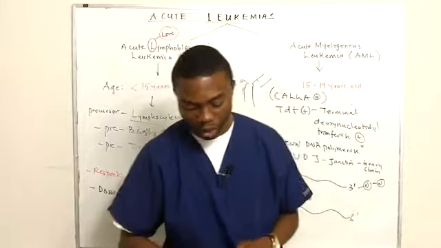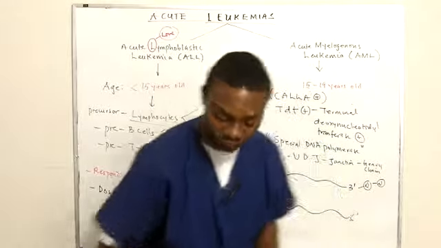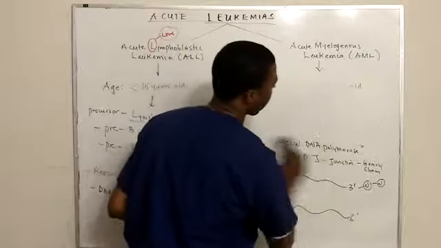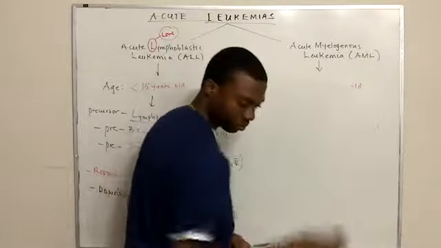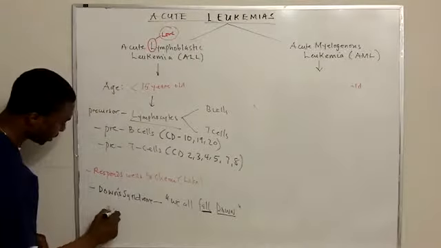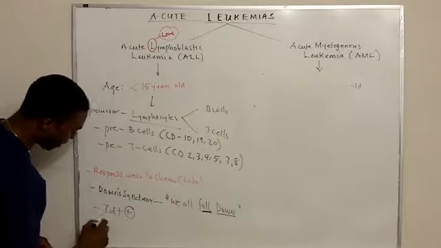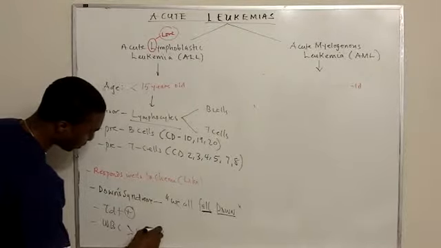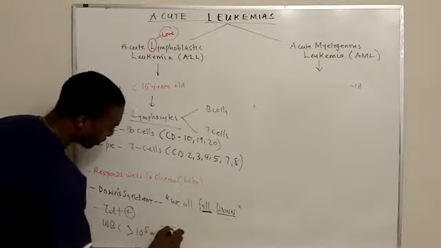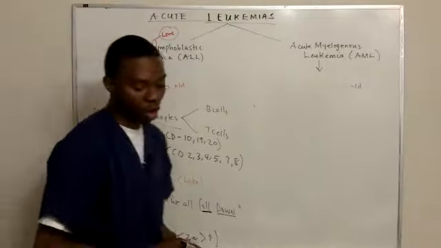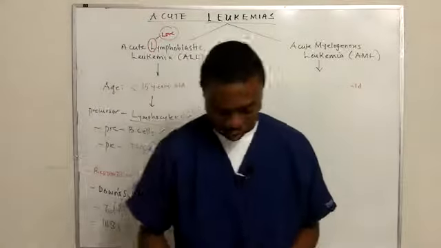Also, if their white blood cell count is greater than 10 to the 5th per cubic millimeter, or they are less than 2 or greater than 9 years old, they might have a poor prognosis.